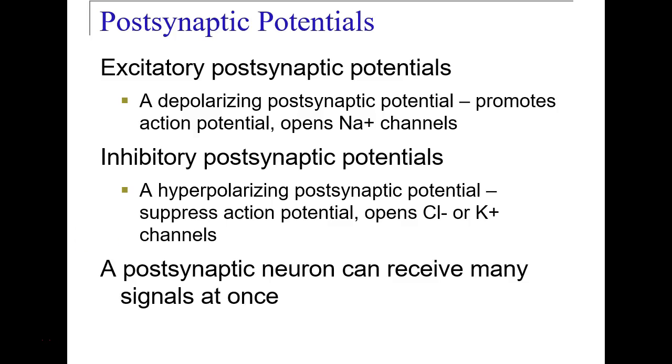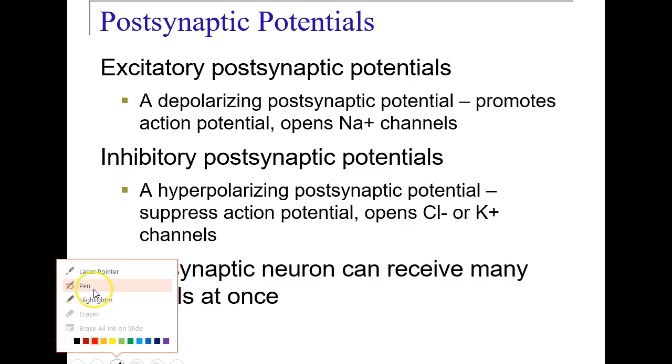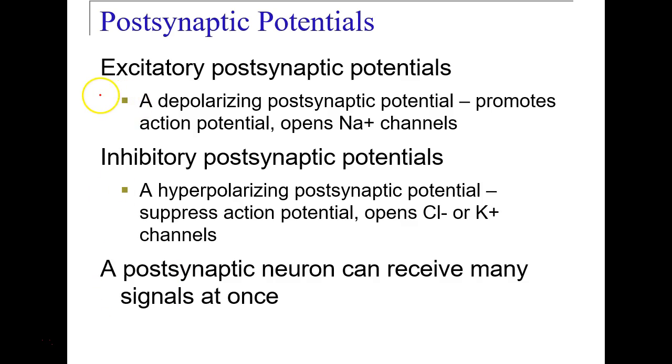So looking at the synaptic area, we have the probability of excitatory postsynaptic potentials or inhibitory postsynaptic potentials. The excitatory simply means we will try and depolarize the next membrane we come in contact with. We are promoting the action potential.